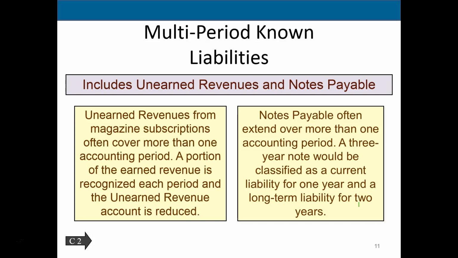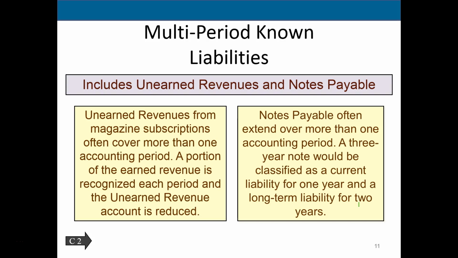So when we take a look at notes payable, especially when we make the financial statements, we might have one note out there that might be for $1 million that we owe to the bank, a long-term liability, but we pay that note payable off monthly, similar to a mortgage. If that's the case, then the amount of principal that we need to pay off within the first year is current, out of that $1 million.